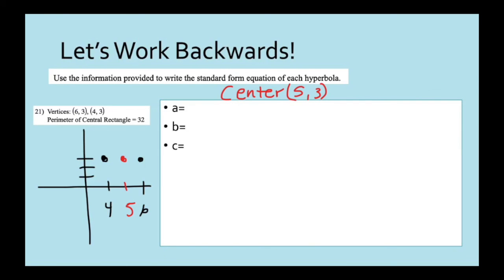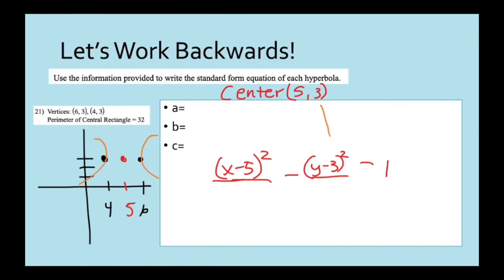We need to put that in there for our equation. Is this going to have x squared at the top or y squared at the top? Well, my vertices are going horizontal. We will have an x value first. So we will have x minus 5 squared, because the opposite of the 5 is -5. Next, we'll have a y minus 3, because the opposite of the 3 is -3. But what goes in the denominator? Our a value is going to be 1, because the distance there is 1.